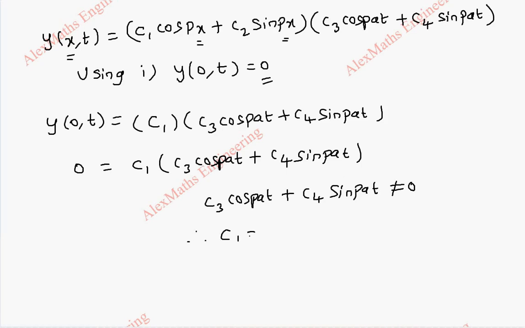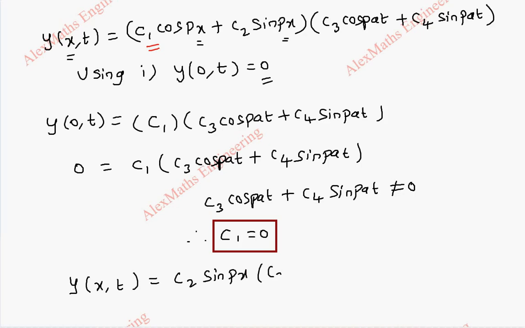Therefore c1 must be 0. After getting c1 as 0, we substitute that in the initial solution. So we get y(x, t) equal to c2 sin px into (c3 cos pat plus c4 sin pat).